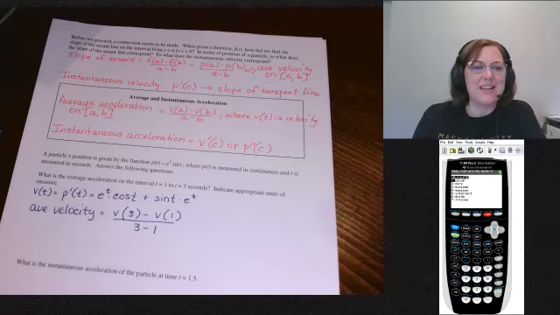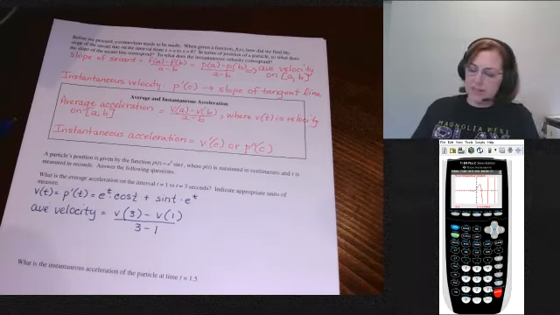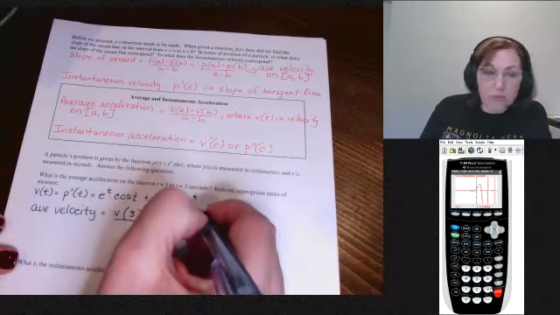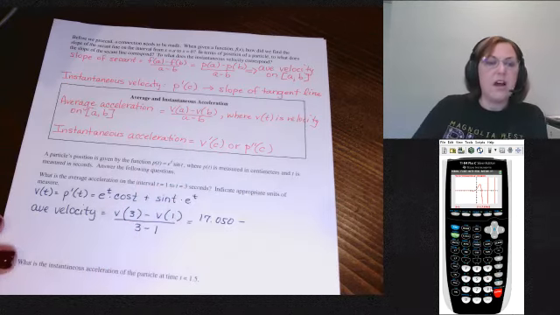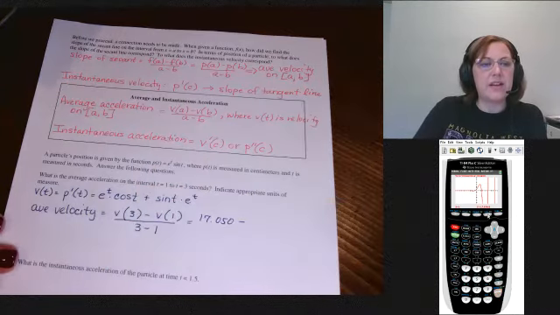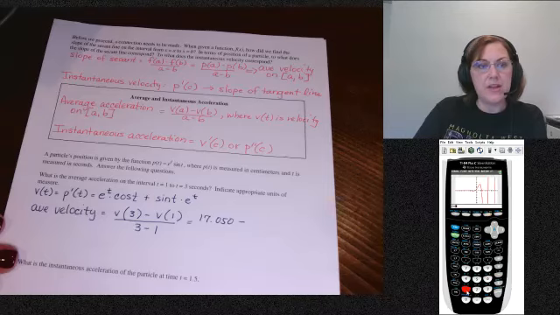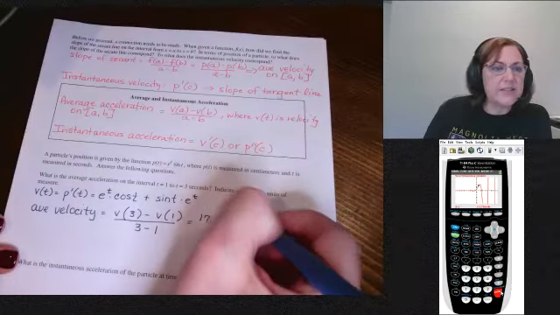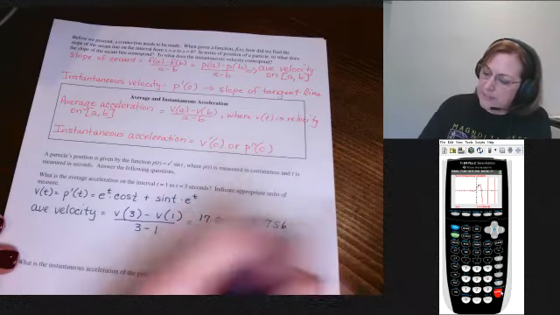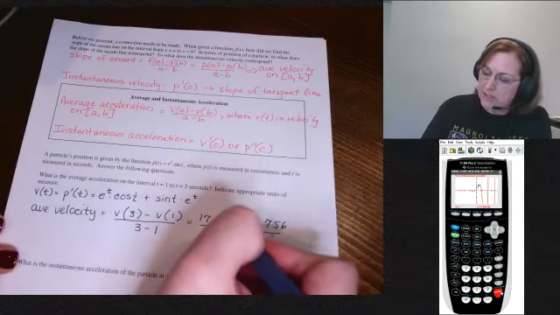Second trace, number 1, and I'm going to plug in the 3. So it's telling me that the velocity at 3 is 17.050. I'll do the same thing at 1. Second trace, number 1, x equals 1. I get 3.756, and that's divided by 2.